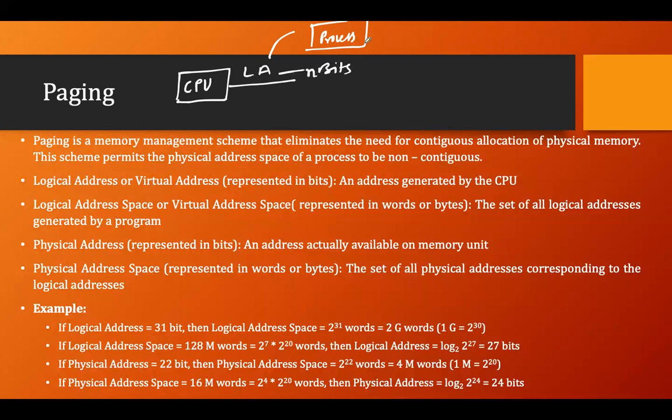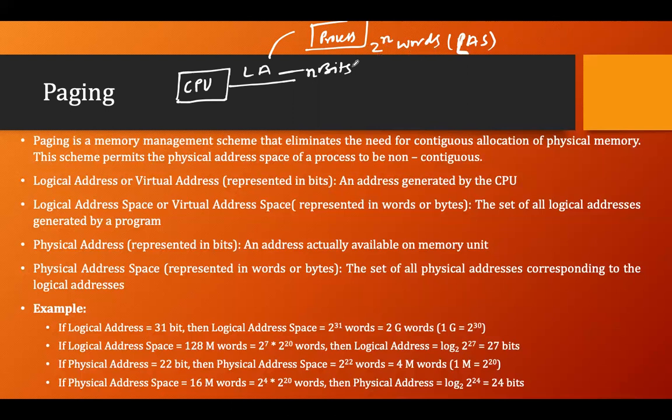So the process size will be 2 to the power of n words. Here the logical address has n bits, and the process has the logical address space, and the size of the logical address space is 2 to the power of n words.